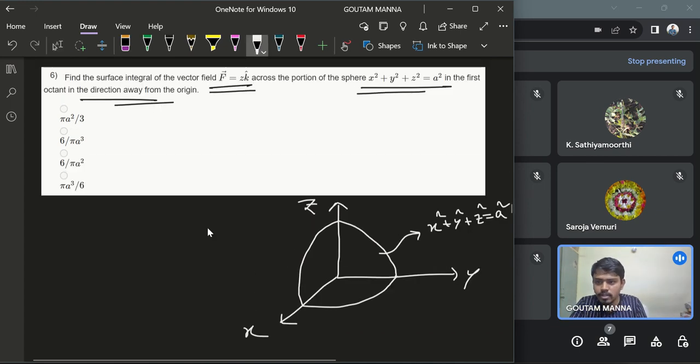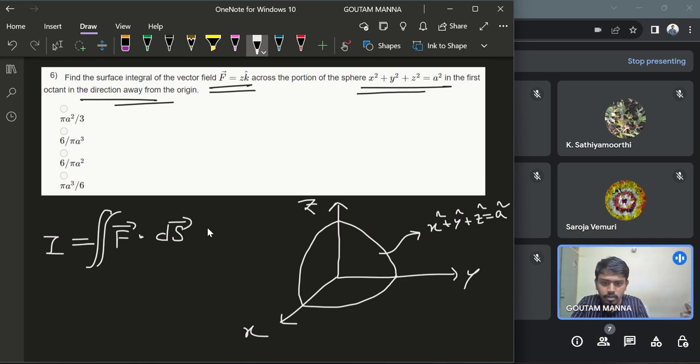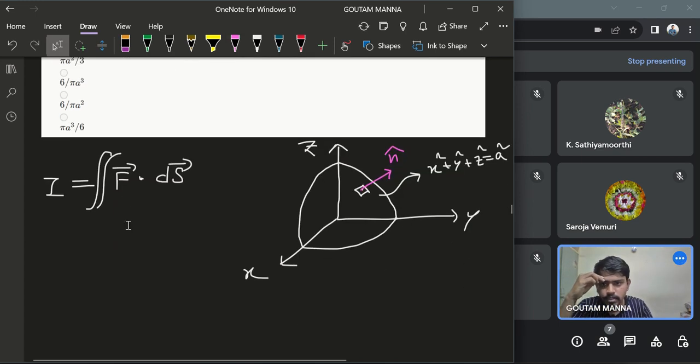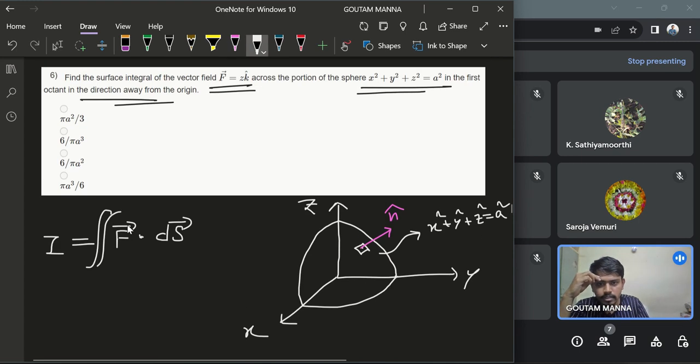So the surface integral will be the integration of F dot dS. How will the dS be? If we have a small surface element, and if n cap is the unit vector directed perpendicularly outward from the surface, then dS is the modulus of dS vector, and dS vector will be n cap dS.